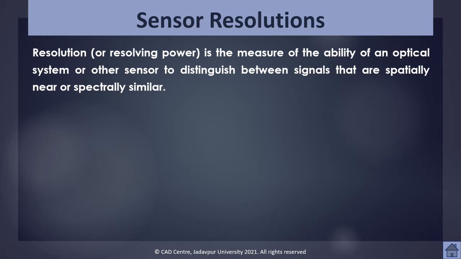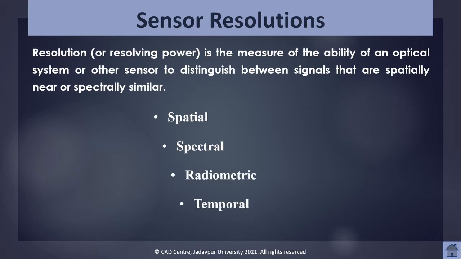Now let us start discussion on sensor resolutions. Data collection system has four major resolutions associated with it. They are the spatial resolution, spectral resolution, radiometric resolution and temporal resolution.